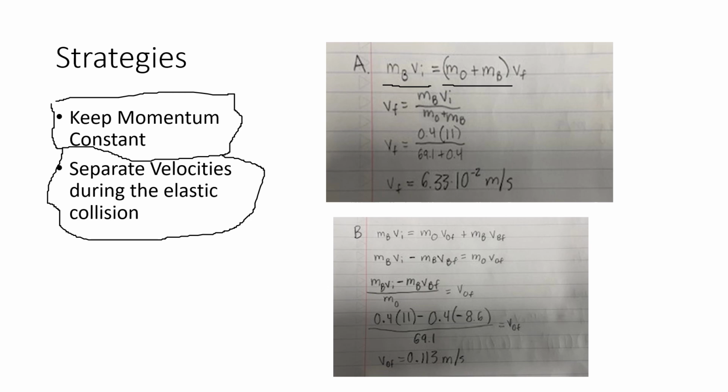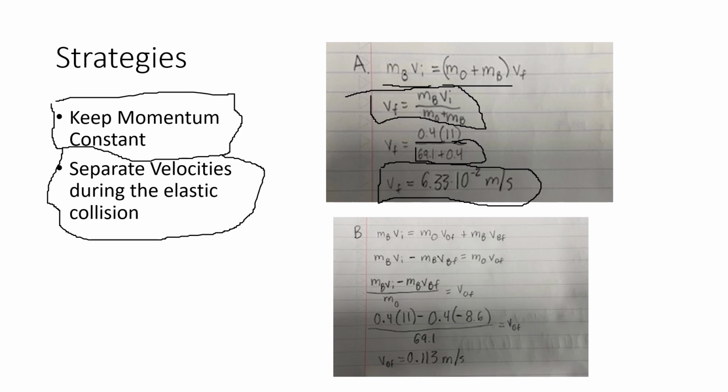So we can solve for the final velocity by dividing by the mass of Olaf plus the mass of the ball. Plugging in numbers such as the mass of the ball, 0.4 kilograms, and the initial velocity of the ball, and dividing by the mass of Olaf plus the ball, we get 6.33 times 10 to the minus 2 meters a second. This is the final velocity of Olaf plus the ball.